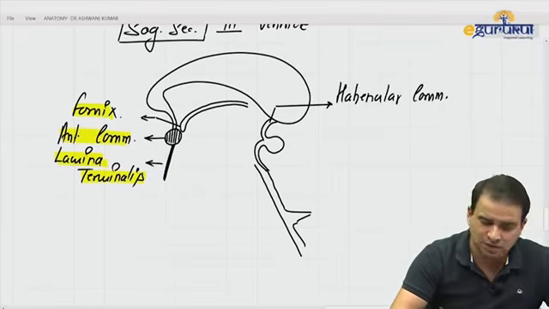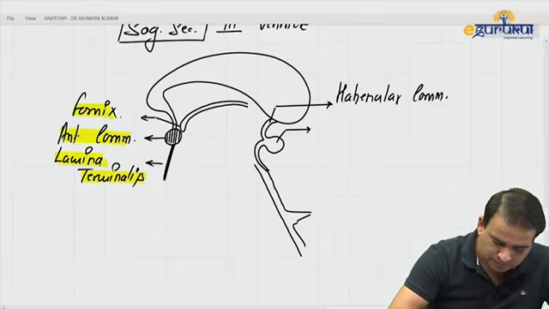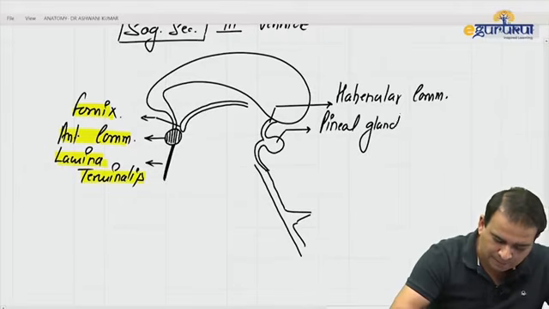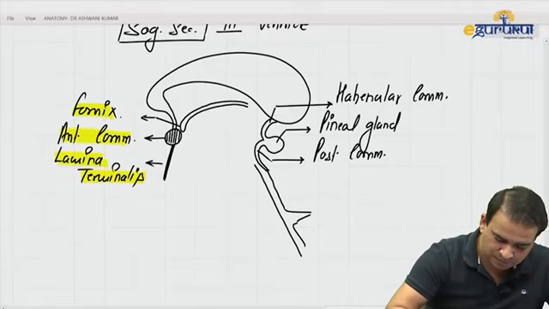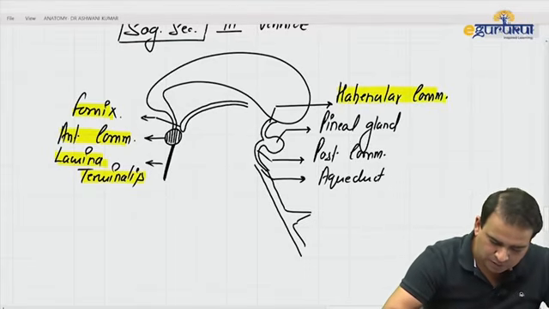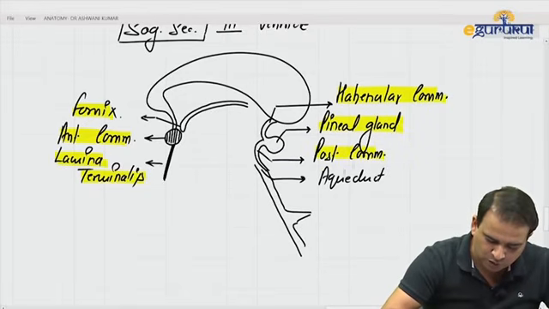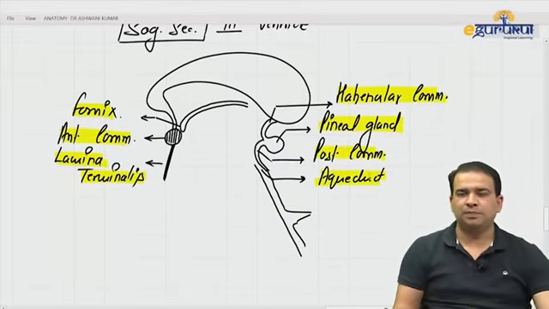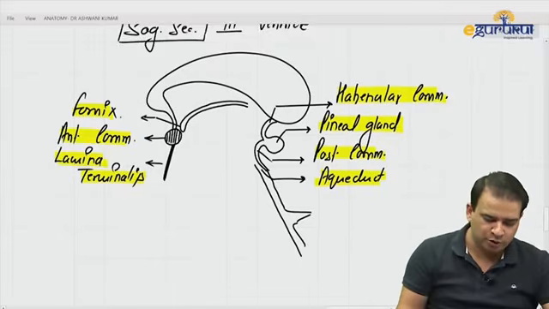The habenular commissure. The pineal gland. Posterior commissure. And then this aqueduct. These are the four important things that you should know contributing to the posterior wall.